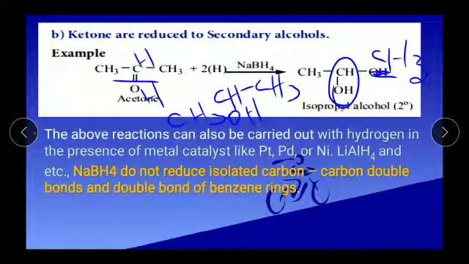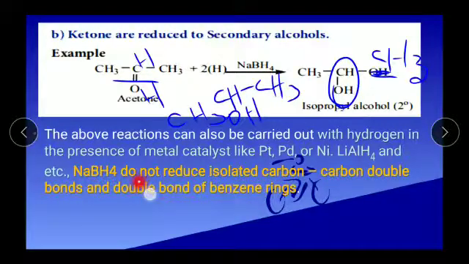The above reaction can be carried out with hydrogen in the presence of metal catalysts like platinum, palladium, nickel, and lithium aluminum hydride, etc. So not only with lithium aluminum hydride or sodium borohydride, they can also be carried out with hydrogen in the presence of metal catalyst.